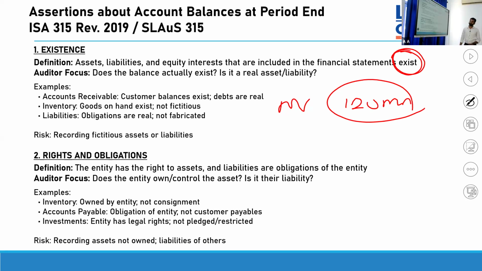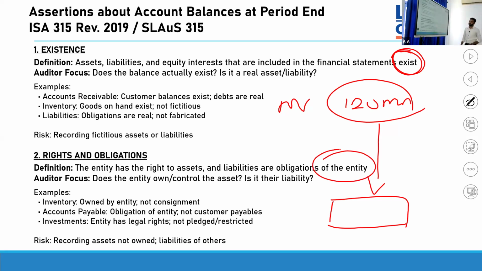Clear? That is existence. Second one is rights and obligations. If you have recorded this motor vehicle under assets, it must be in your company name. It must be registered under your company name. If it is not registered under your company name, then it is not your asset, right? Rights and obligations means the entity has the rights to assets and liabilities are obligations of the entity.